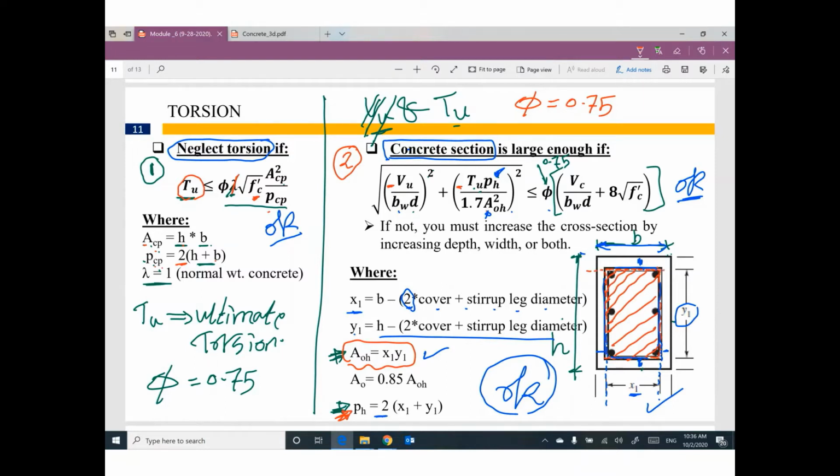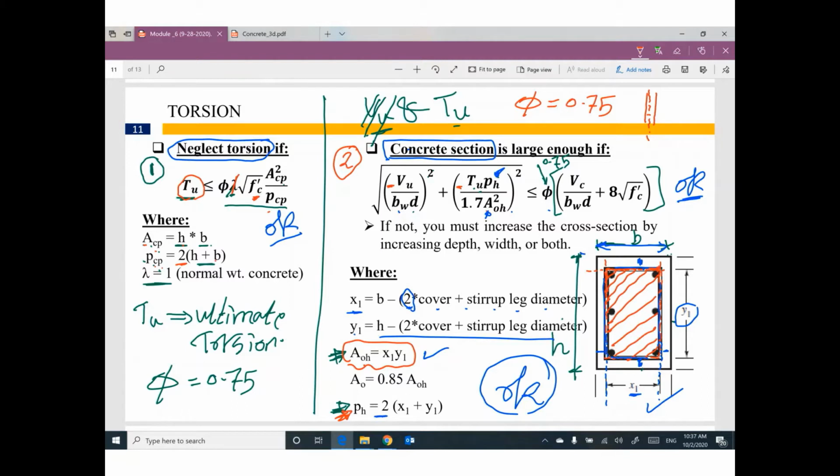Your stirrups have a diameter, so at the center line exactly, I'm talking about this new section. The area of this inside section will be area Aoh. The perimeter for this section will be Ph.